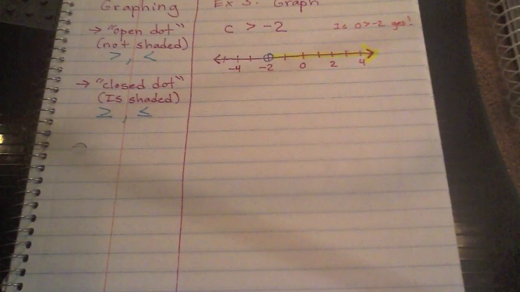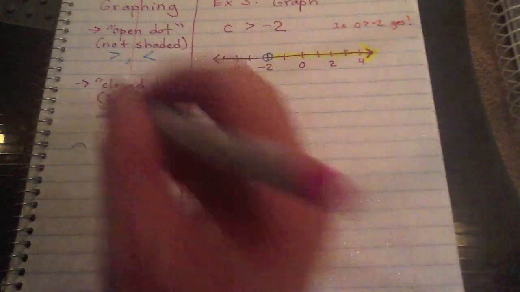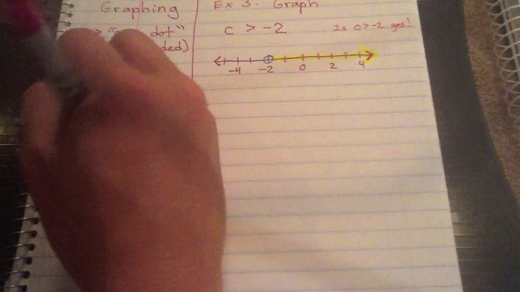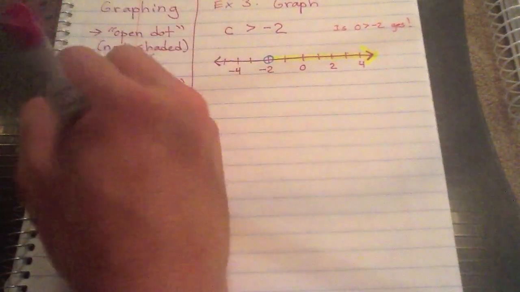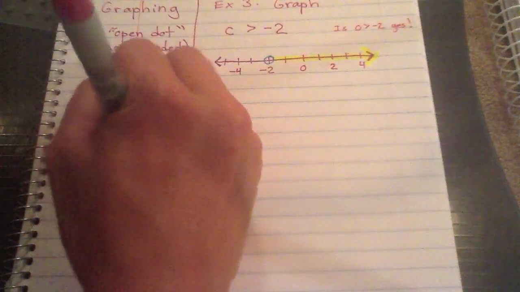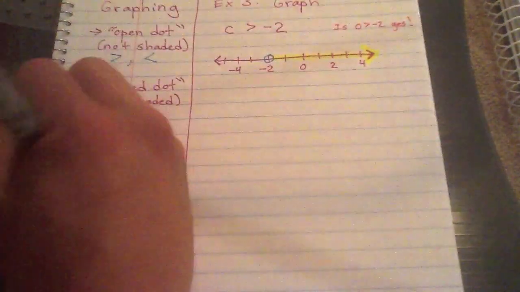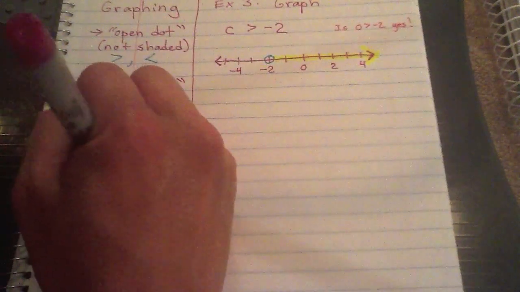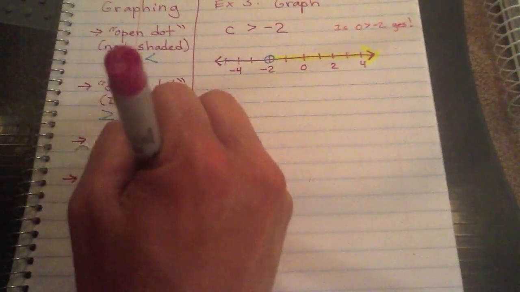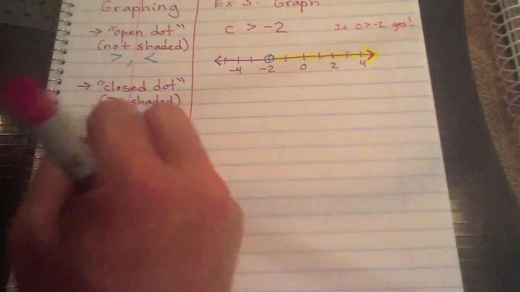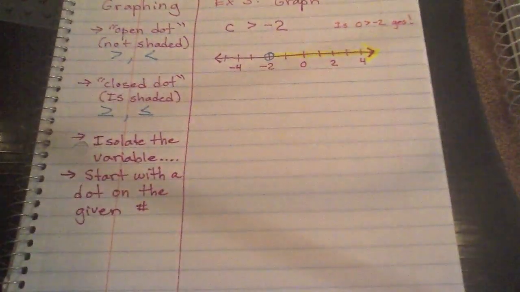So let's write a little bit about that over on the left here. When you go to graph it, you're going to need an open or closed dot. You're always going to isolate the variable, which in this case it was. Tomorrow we're going to start when it's not. Then you're going to start with a dot on the given number, on the side that doesn't have the variable.